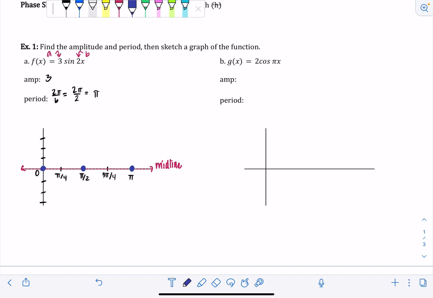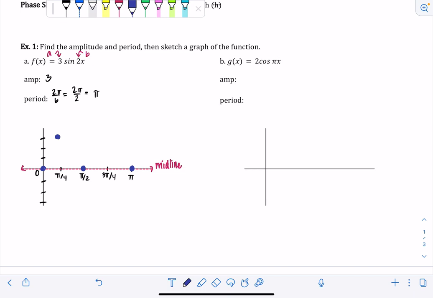So there's no reflection or anything like that. So at my quarter of the way mark, I'm going to go up to a maximum, which is going to be 1, 2, 3 above the midline. So right here at pi over 4 and 3. And then my last point I need to place is my minimum, which is going to be 3 below the midline. It's going to happen 3/4 of the way through the cycle.